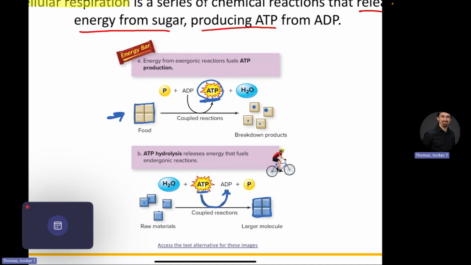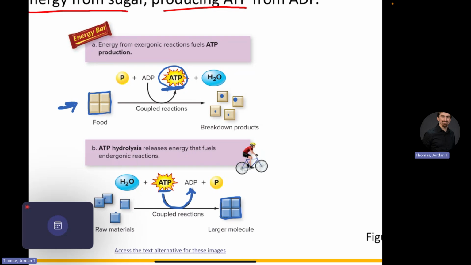And again, to go back to exergonic versus endergonic, the top example is exergonic because energy is being released, while the bottom one is endergonic because energy goes in. And we can tell by ATP. In the first one, ATP is going out, and in the second one, ATP is going in.